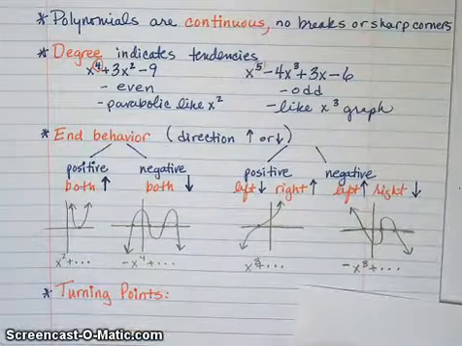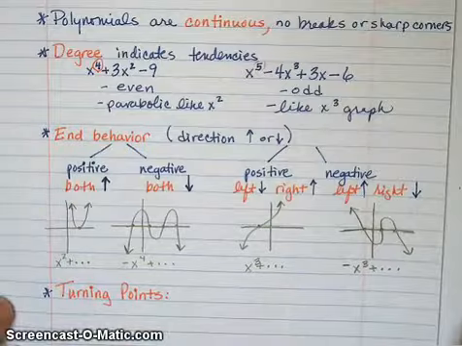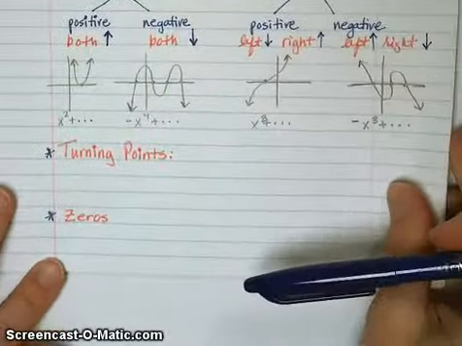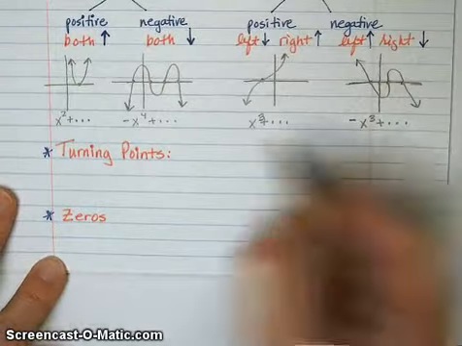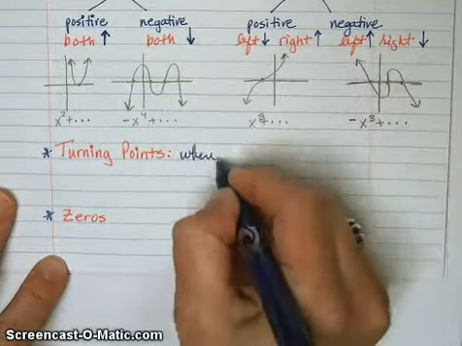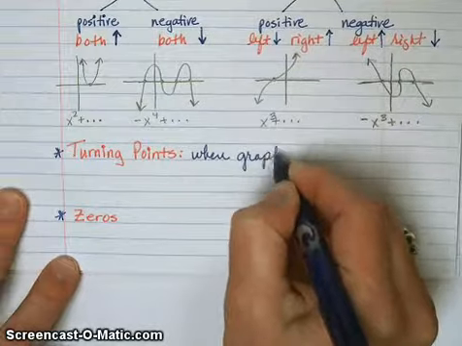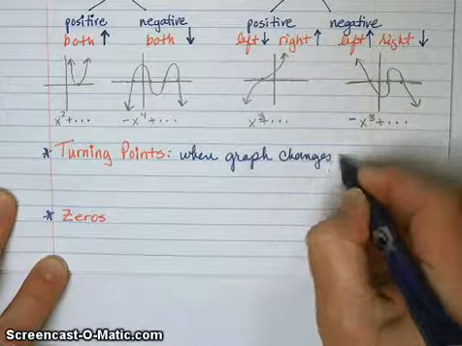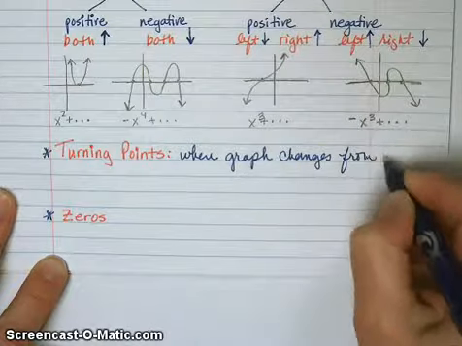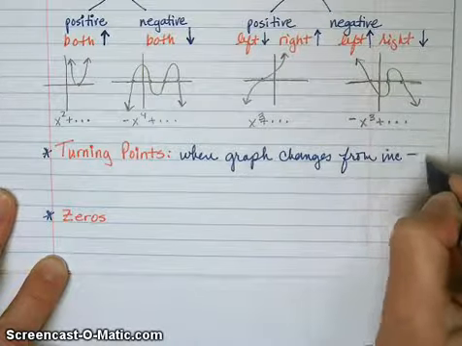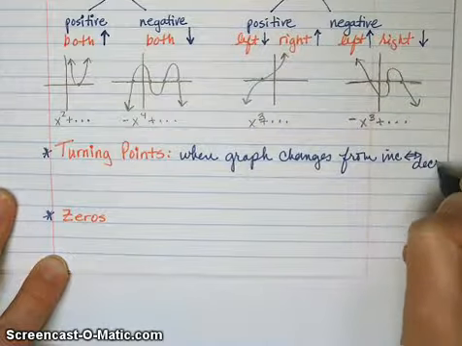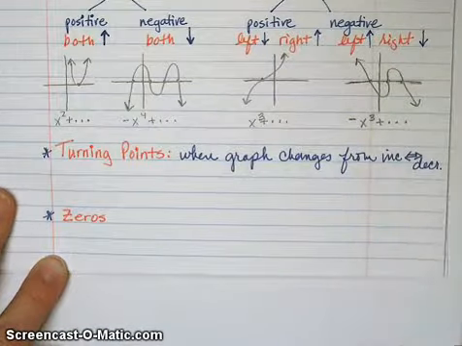Let's talk about turning points. Turning points are when the graph changes from increasing and back and forth to decreasing. So it's a turning point.